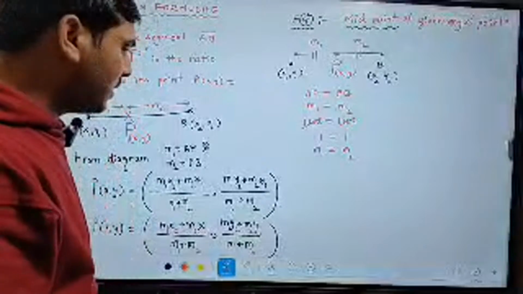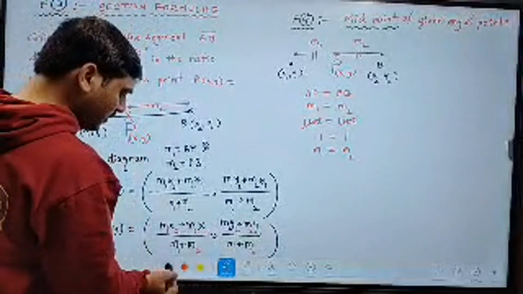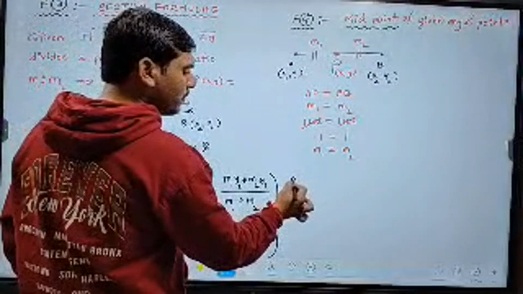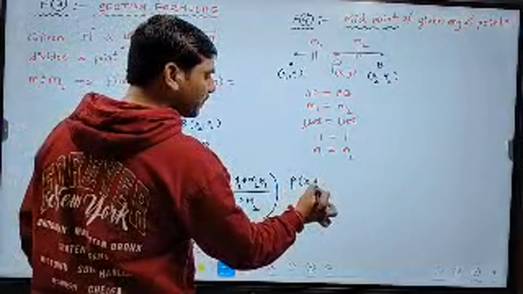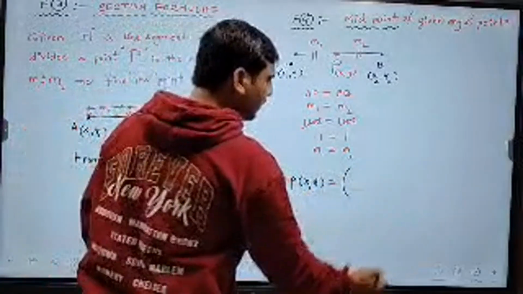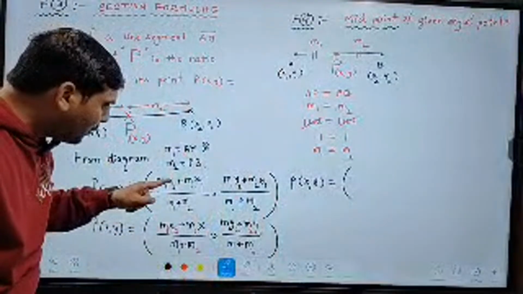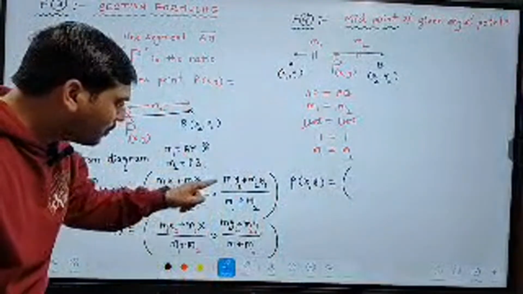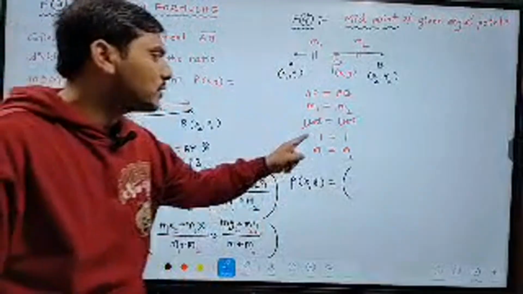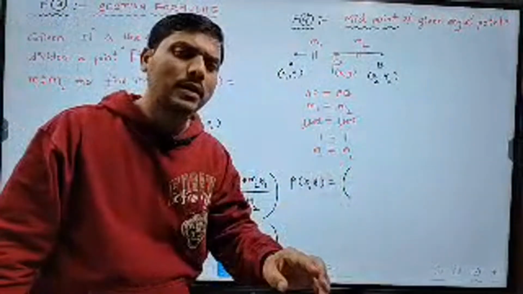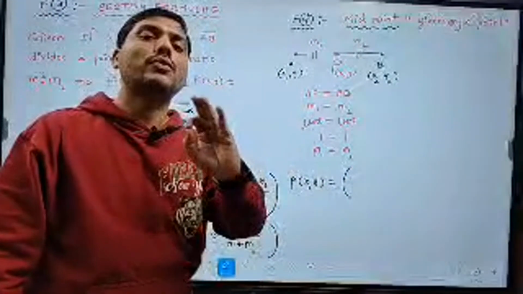Now our section formula will be taken: P of x comma y equal to, tell me the values. m1 and m2 values are 1, 1. Replace m1 and m2, you write just 1.